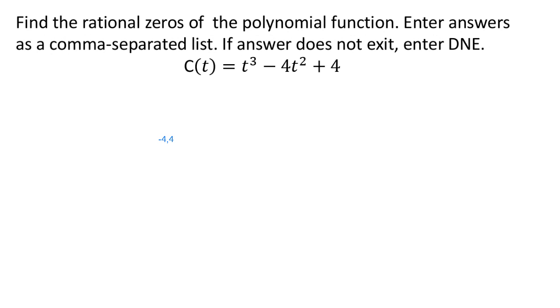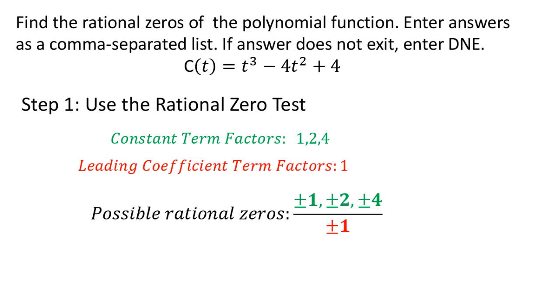Okay, so let's see if you have the possible zeros correct. So my constant here is 1, 2, and 4. And my leading coefficient is a 1. So my constant factors go in the numerator, and my leading coefficient factors go in the denominator.